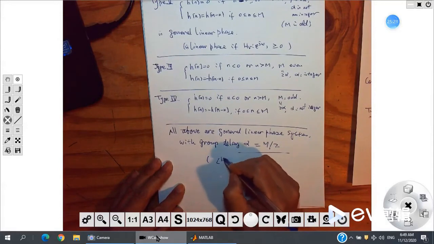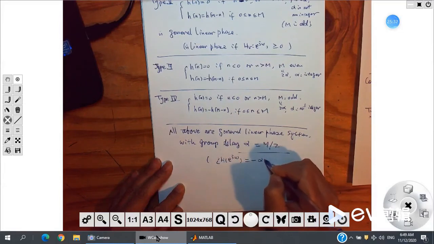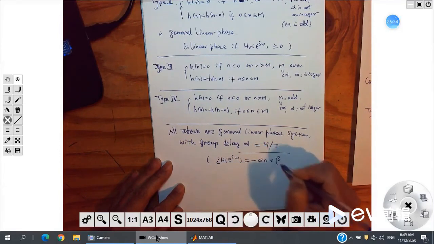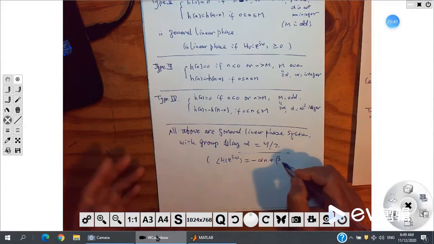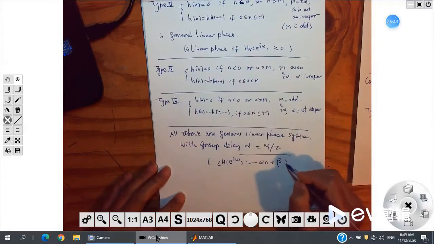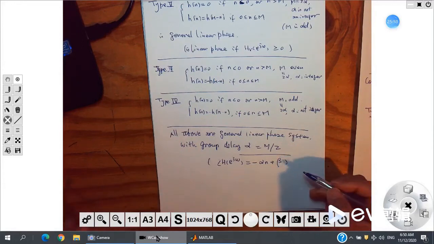The angle of H(e^{jω}) is equal to negative alpha ω plus some beta. Beta is not 0 and not 2 pi; it depends on the system. Sometimes they are 0 or 2 pi. In that case, the system is linear phase.